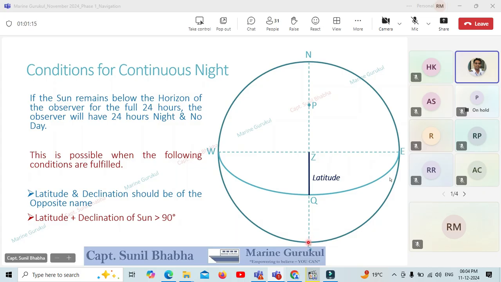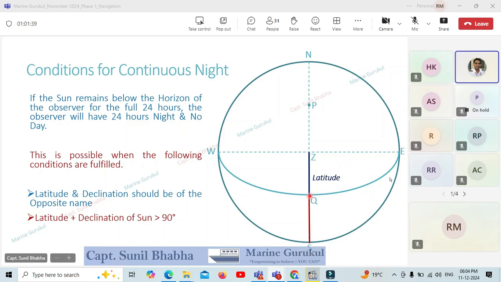But if the declination circle of the sun goes beyond point S or further south of point S, then in that case, the entire declination circle of the sun will remain outside our rational horizon and the sun will never come above the horizon. So let me show you in the diagram.